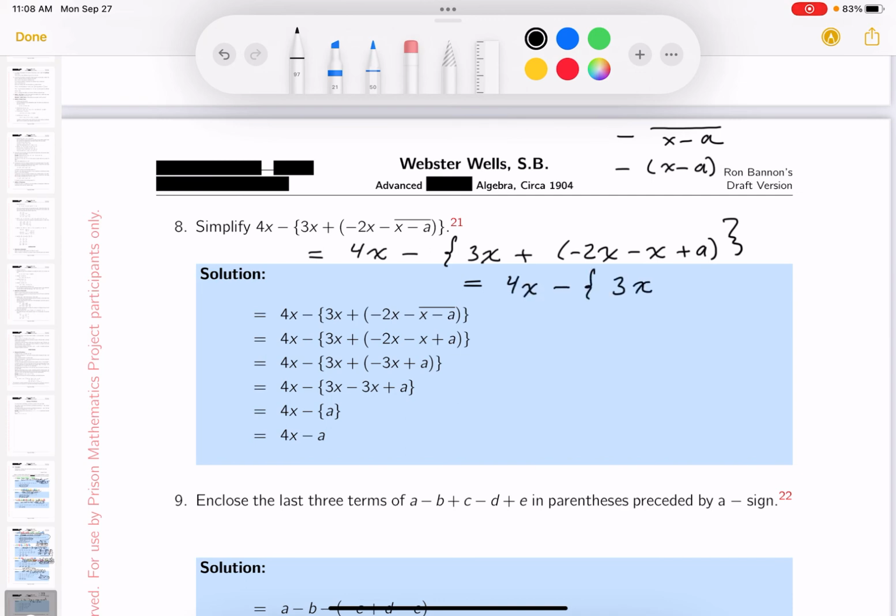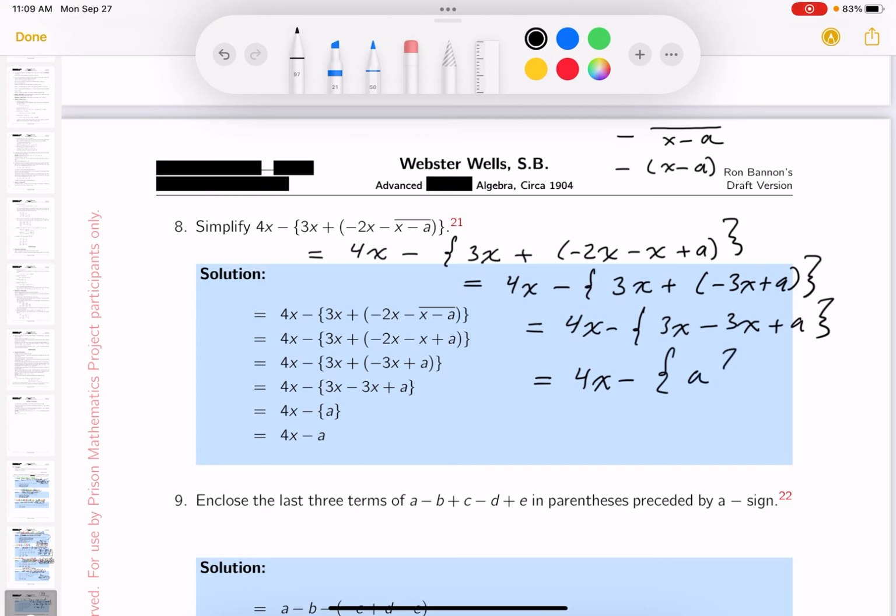This is 3x plus minus 2x minus x is minus 3x plus a. Again, Wells is always saying you really try to do as much as you possibly can in your head. And you notice I'm doing a lot of writing. I'm just saying what's going on in my head. This would be 3x minus 3x plus a. What do you get over here? 4x minus, I'm still working inside the group, 3x minus 3x, no x's, but you do get an a. And what do you get in the end? 4x minus a.